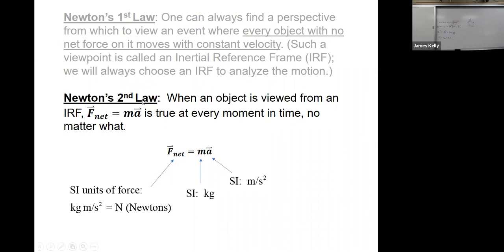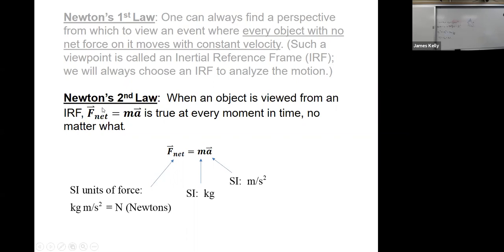So Newton's second law is phrased in terms of an IRF. Only when you view an object or a series of events from an IRF is the following statement true. The net force on an object, or I should have probably written this the way that Giancoli does.